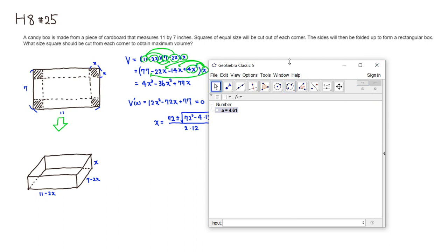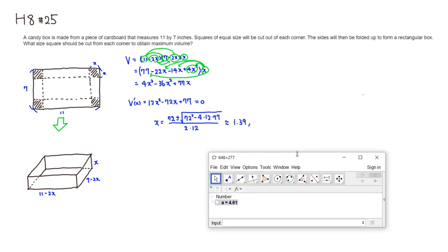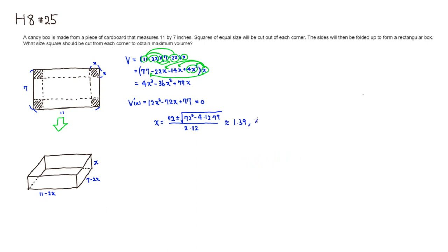It came out to be 4.61. But remember that one side is only 7 inches. We cannot take more than 3.5 inches. So in this case, 4.61 is not reasonable, so I'm going to eliminate that. So the only critical number is 1.39.